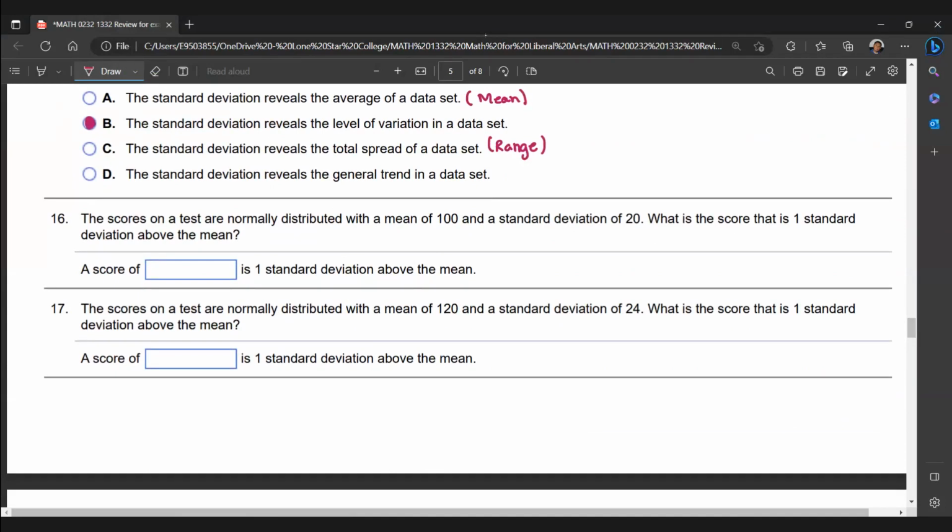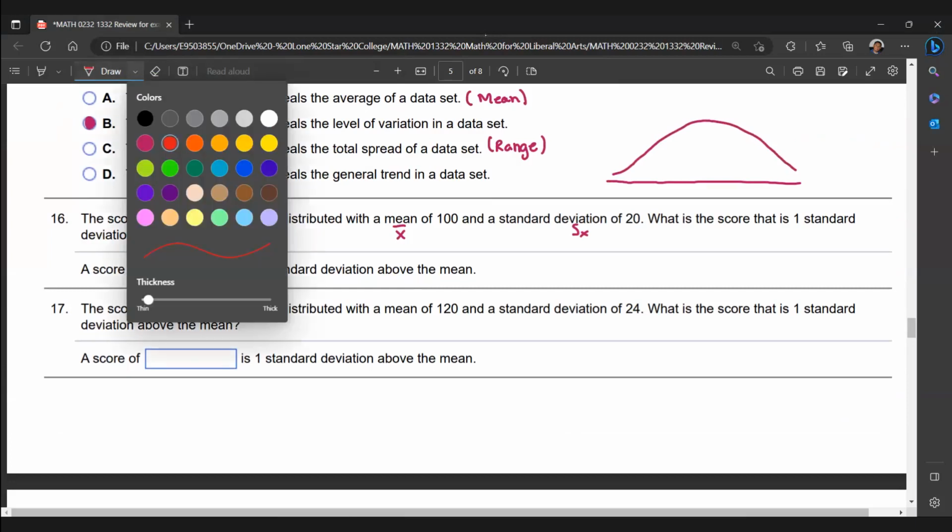Okay, so the scores on the test are normally distributed with a mean of 100 and a standard deviation of 20. What is the score that is one standard deviation above the mean? Okay, the idea is that we have some bell-shaped graph.